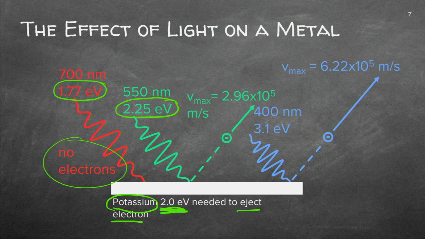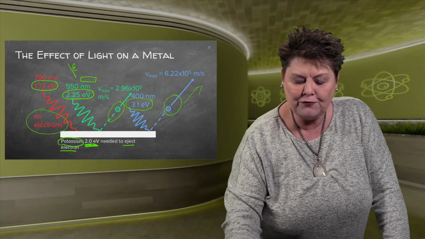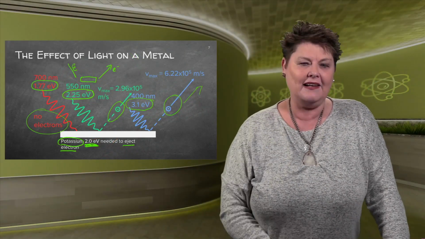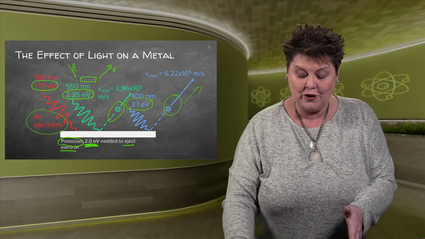It's more than the 2, so it will emit an electron. And I've got blue with 3.1. It's again more than the 2, and it will emit an electron. So I have to have more energy coming in than the metal's way of keeping that electron before it can emit an electron. And we've got words for all of those.